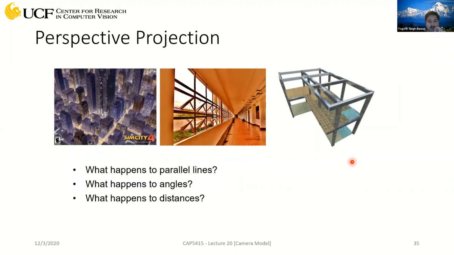All right, so I think this we have already covered. Let me try to wrap up this quickly. Parallel lines, we know that they might not be projected parallel in the formed image. Here you can see that although these lines are parallel in the real world, in the image they are kind of merging together. And this point where these parallel lines merge is called the vanishing point.